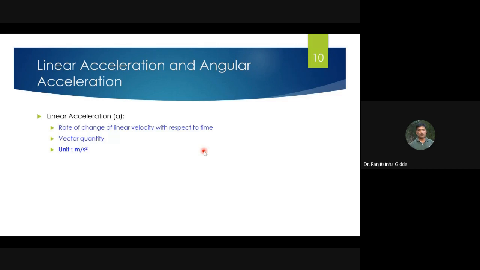So therefore it is also a vector quantity. Unit for this is meter per second square. So please write down this linear acceleration.